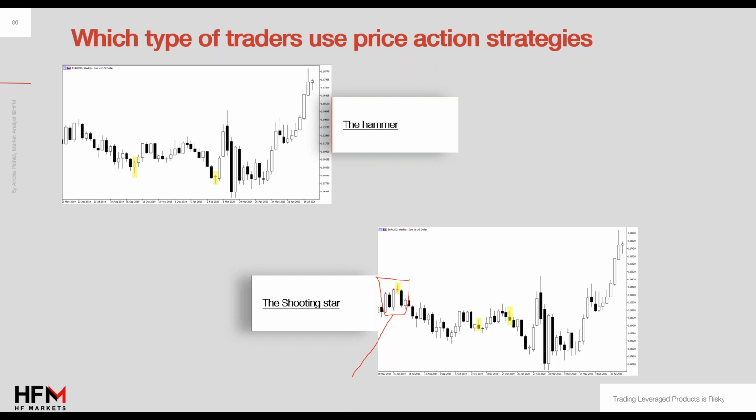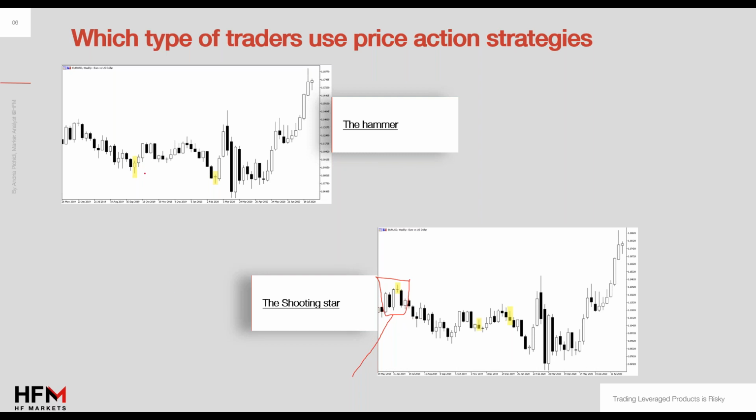So the first candle should be a strong bullish one, the middle one a doji, and the third one bearish, which sometimes is as big as the first candle. So this is a shooting star formation and indicates a reversal signal of the pre-existing uptrend.